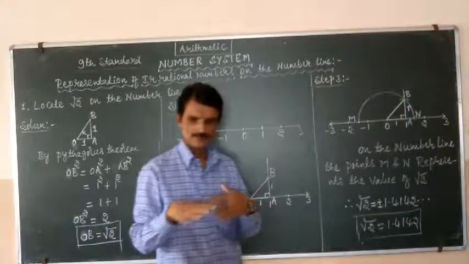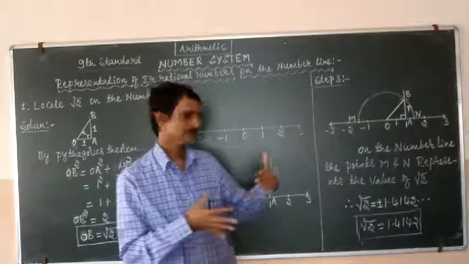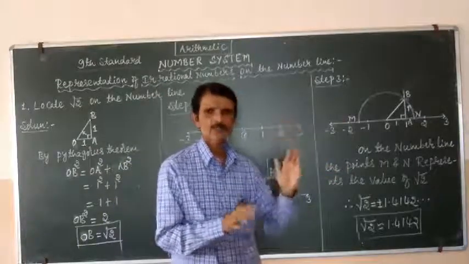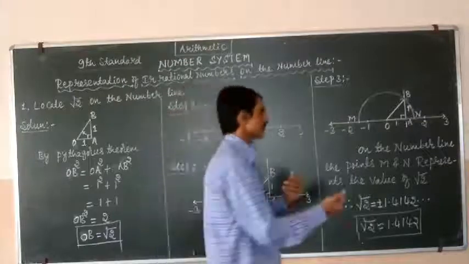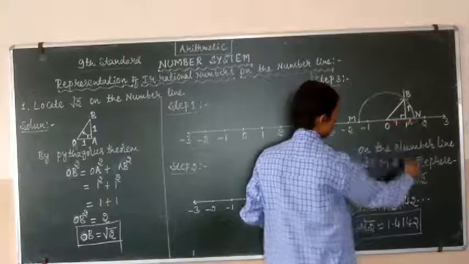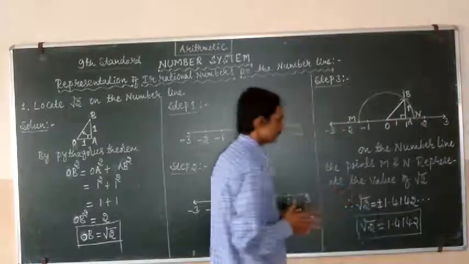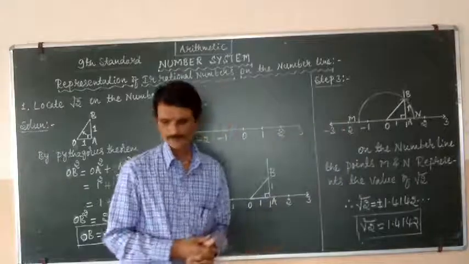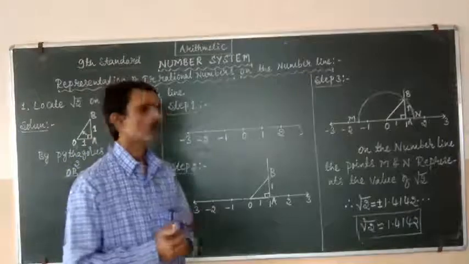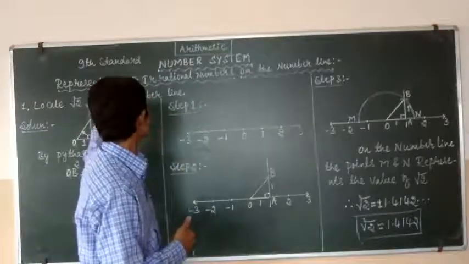I have shown you how to find the value of root 2, both positive and negative. You can take only the positive, to the right side, which is approximately equal to 1.414. Okay, students, now we shall see another one to locate on the number line.